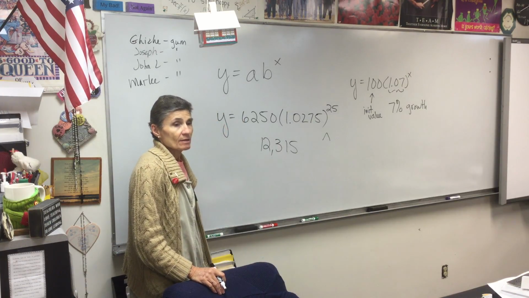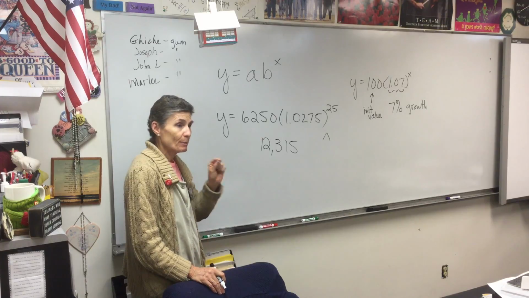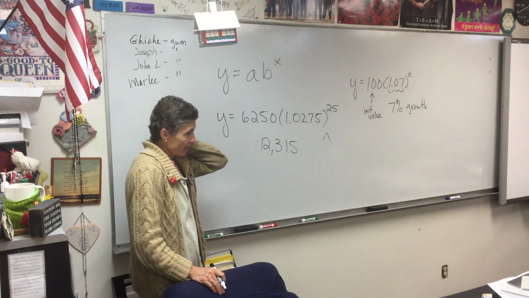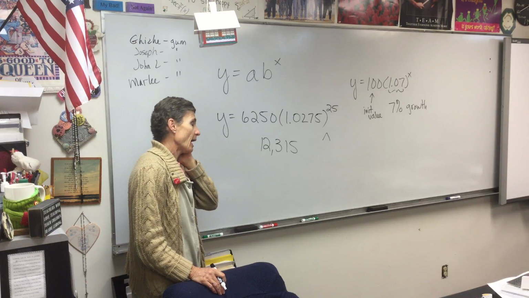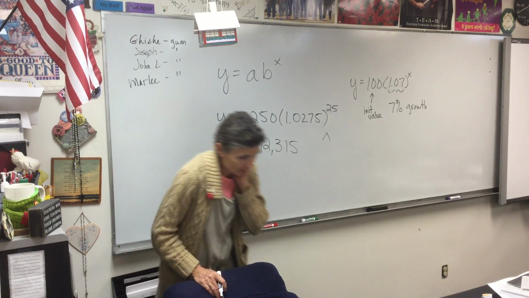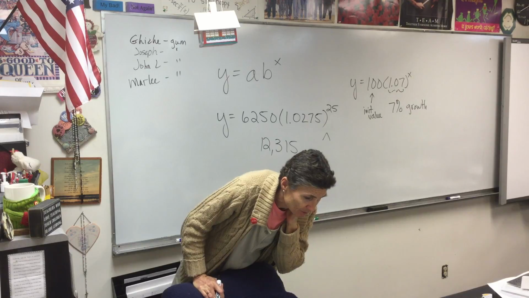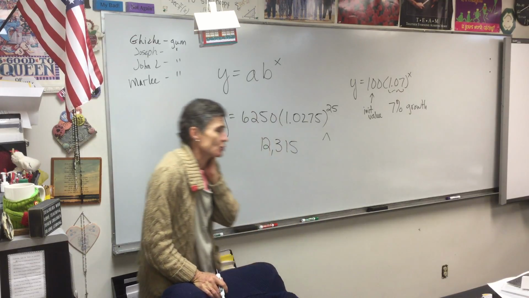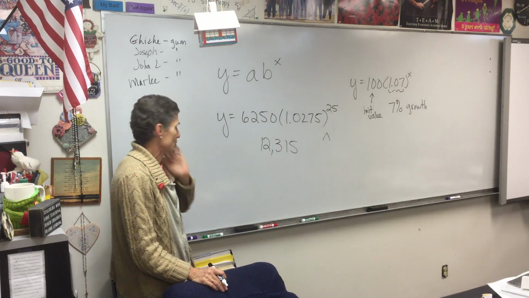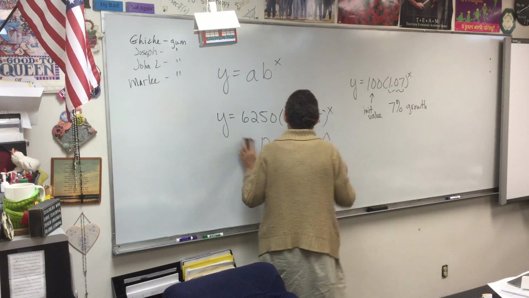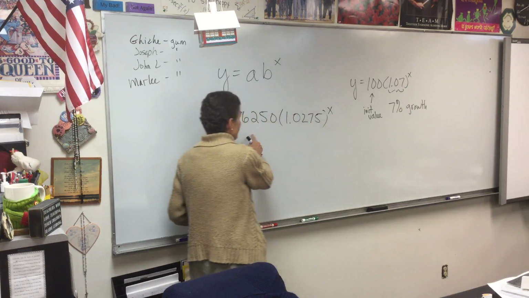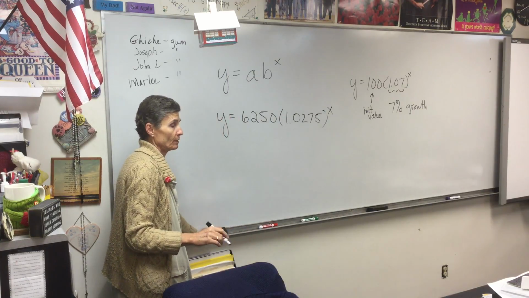Now, what about the second part of that question? Not the second part of question A, but question B. How are we going to figure out the answer to B? Predict when the population reached 50,000. Now remember, this is your equation. This is the equation you are using for this whole problem.